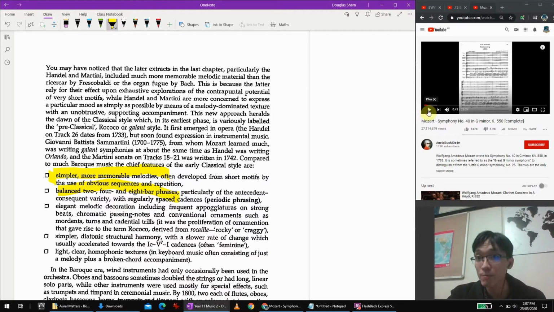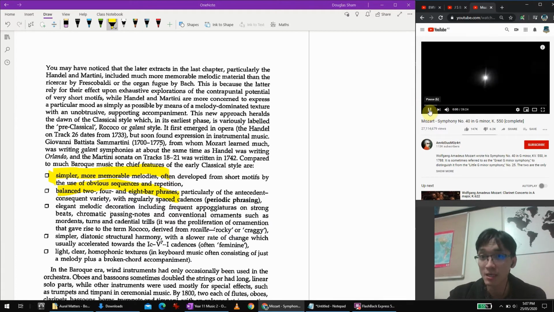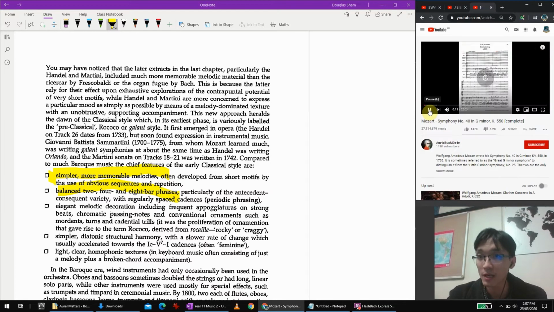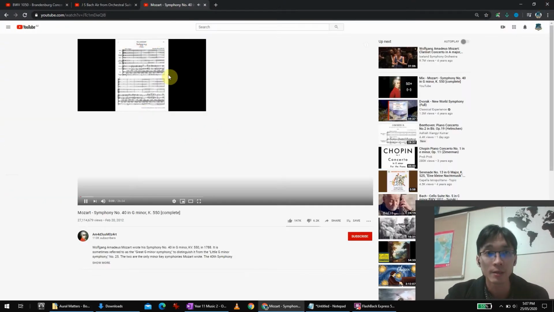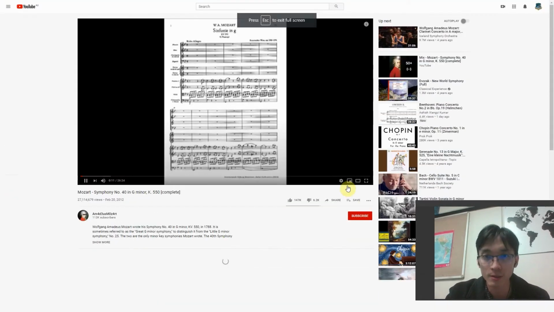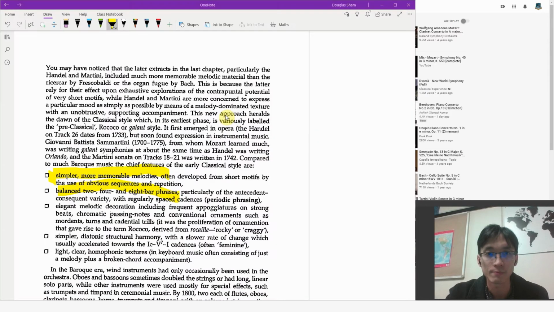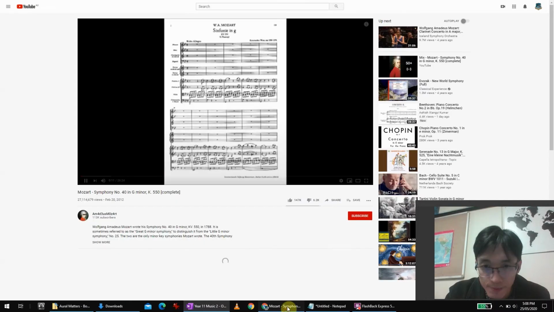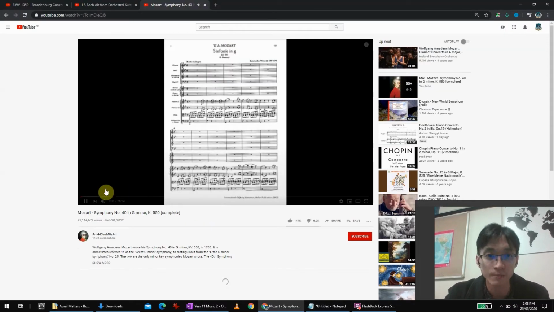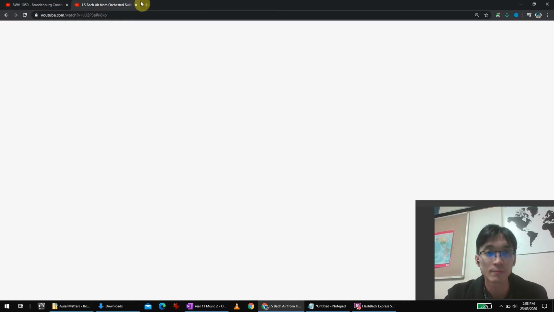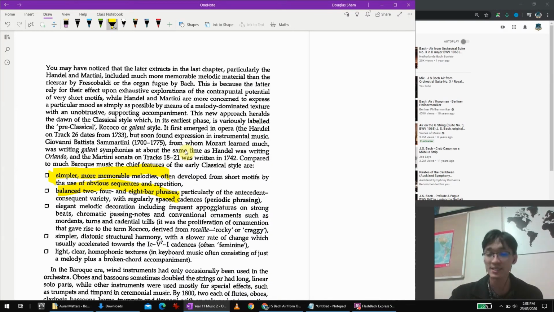An example could be as simple as this piece here, Mozart's 40th. I'll just zoom in a bit so you can see it, if it chooses to load. Apologies for that, sorry about that. But that's an example.